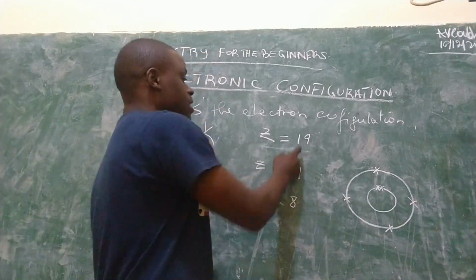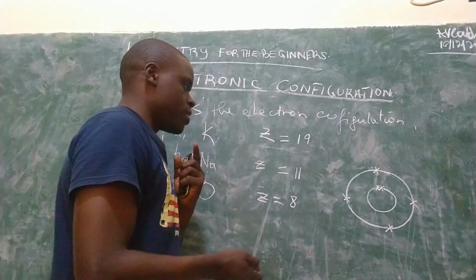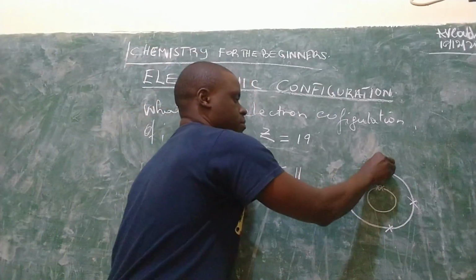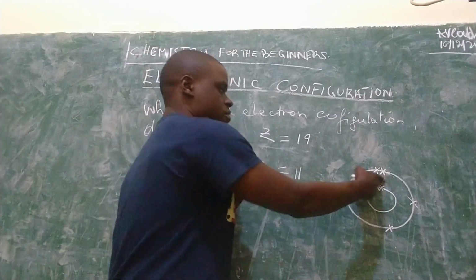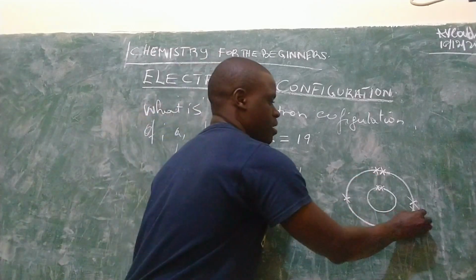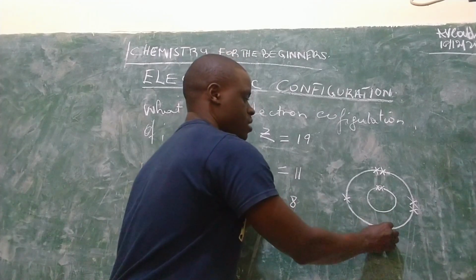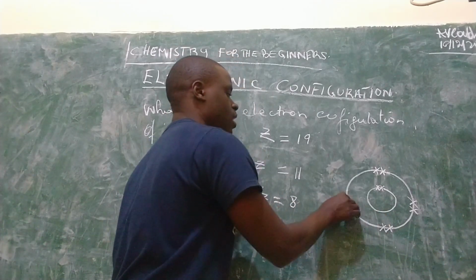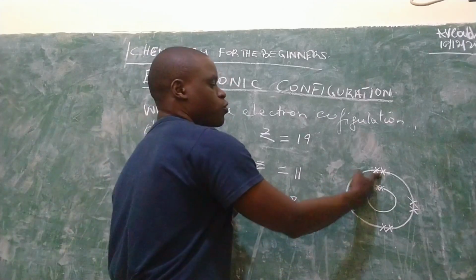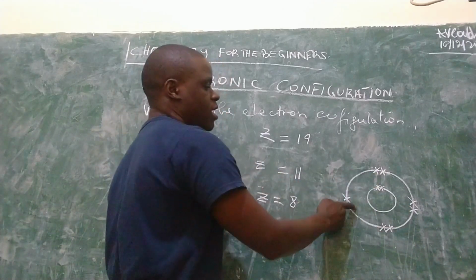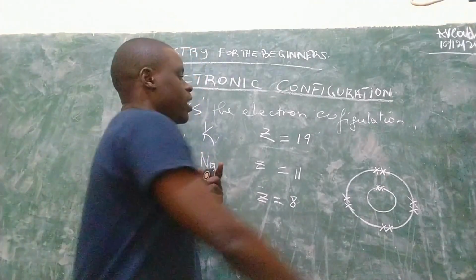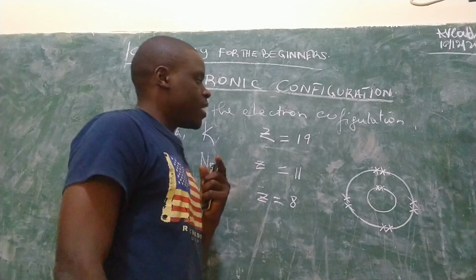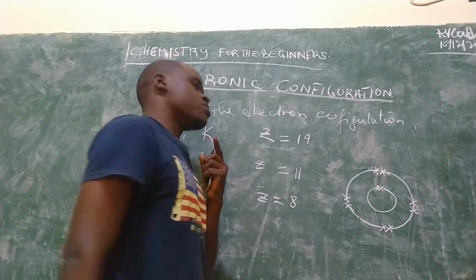With 6 in 19, we still have electrons to fill, so we come back and start making pairs. This is the first pair, the second pair, the third pair, and the fourth pair in the second energy level, which means there are 2, 4, 6, 8, and with the first 2, they are 10. In total, we have installed only 10 of the 19 electrons of potassium.